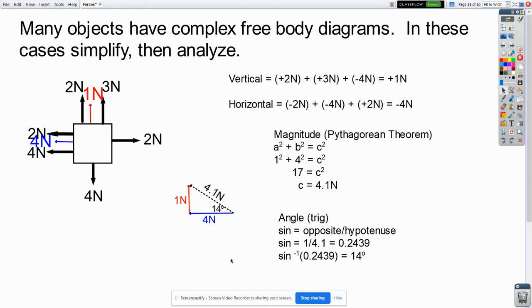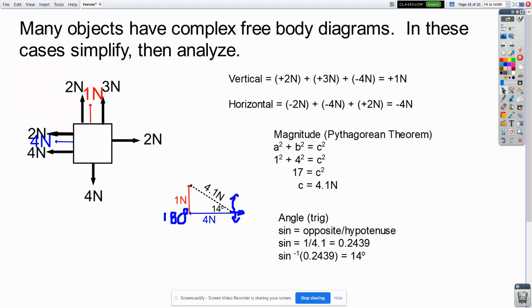If you're asked for the standard angle, again, we need to remember that this right here is the origin, the XY intercept on a coordinate plane. And this is 180 degrees over here. And basically we are 14 degrees short of 180.